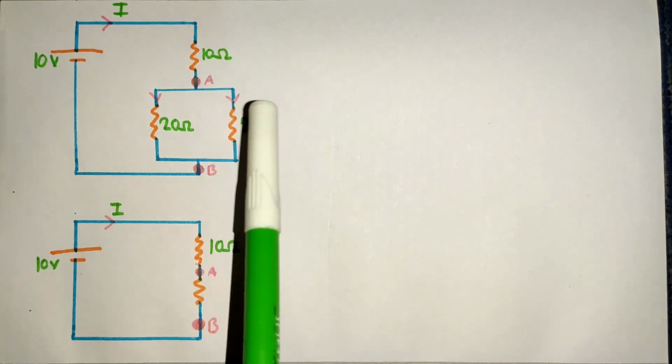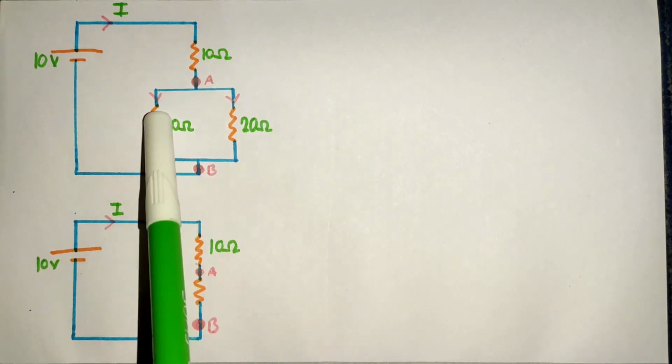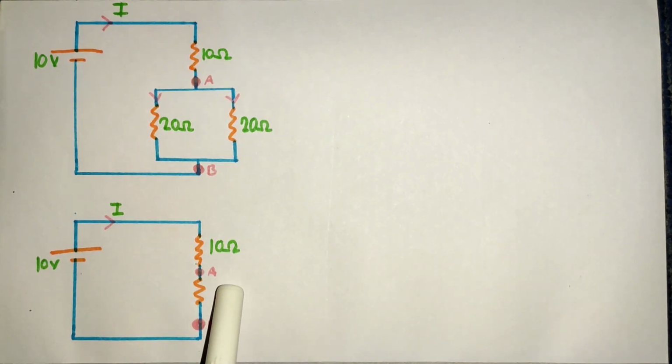So the way to solve this problem, first calculate the equivalent resistance of parallel circuit and replace a parallel circuit with a equivalent resistance. After that it become a series type of problem. Then we can solve it like our first problem.